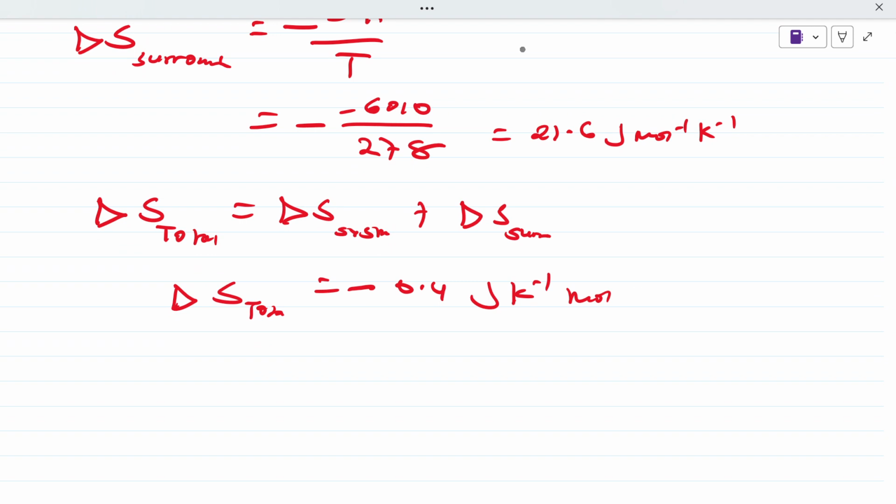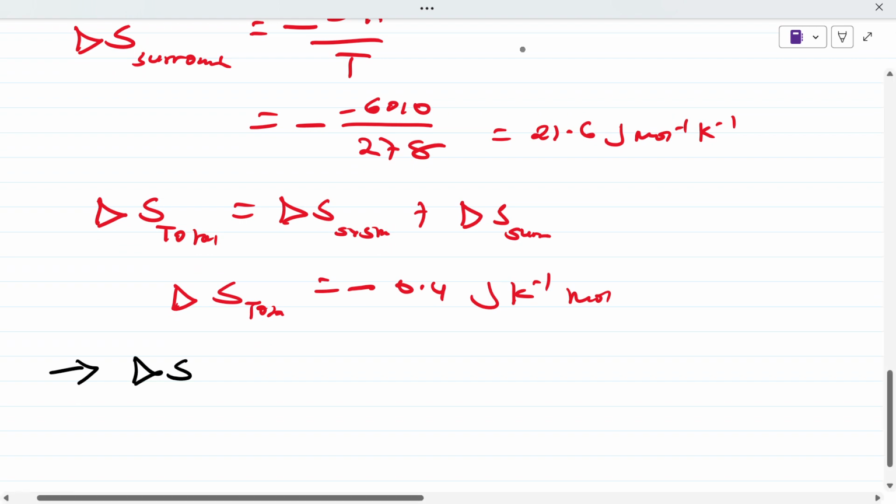So, in conclusion, we can say total entropy change is negative. You are getting a negative value.